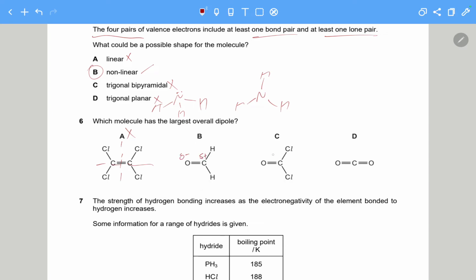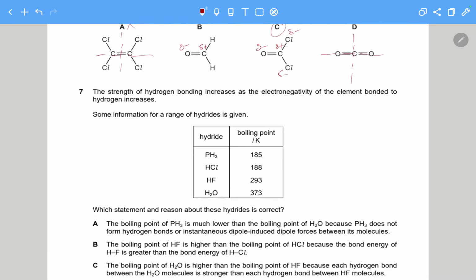Now in C, the dipole will be even larger because delta negative on the oxygen, delta negative on the chlorine, delta positive on the carbon. So you have more electrons being pulled away from the carbon because it is attached to 2 electronegative elements, and hence the dipole will be even larger. So C seems plausible. And D is symmetrical about this axis and this axis as well. So D cannot be polar. D will not have an overall dipole. So the answer will be C.